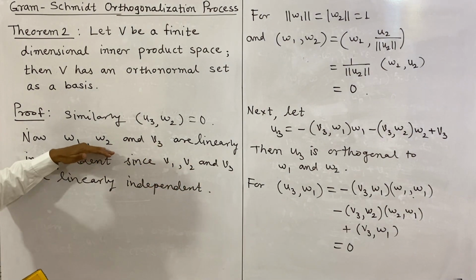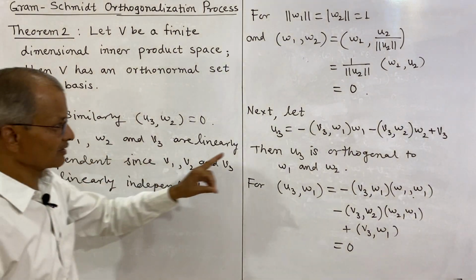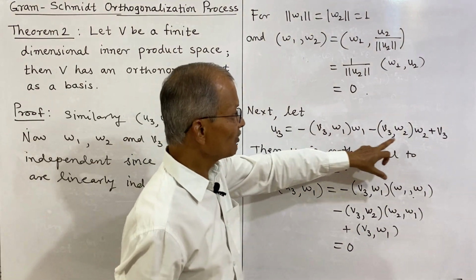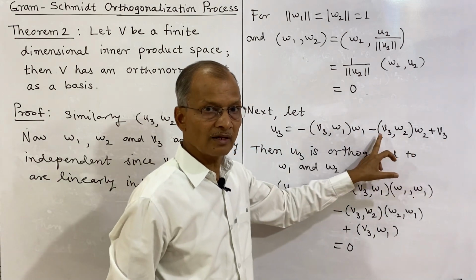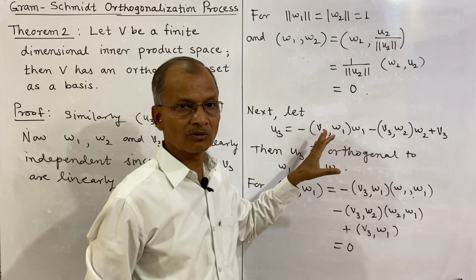So these are also linearly independent, and because these are linearly independent, see the vectors here in this combination, W1, W2, V3 are linearly independent, and therefore their combination must not be equal to 0.